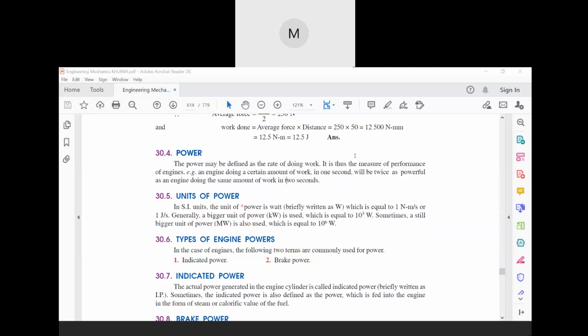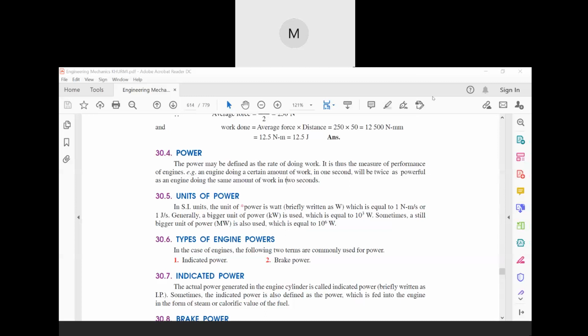An engine doing a certain amount of work in 1 second will be twice as powerful as an engine doing the same amount of work in 2 seconds. So the unit of power is written as what? Watt, which is equal to 1 Newton meter per second.